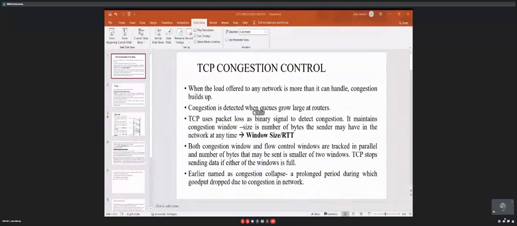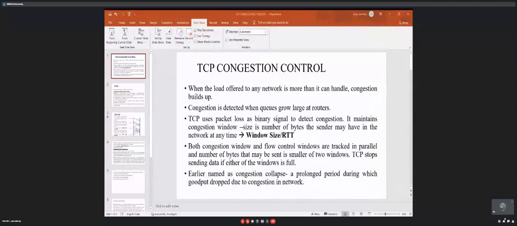Whenever data is received, the receiver needs to send an acknowledgement to the sender, indicating that the data is delivered. If the sender continuously receives duplicate acknowledgements, it considers 3 duplicate acknowledgements as an indication.